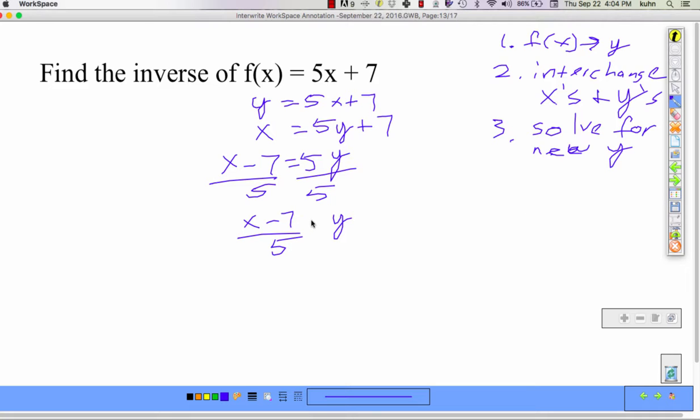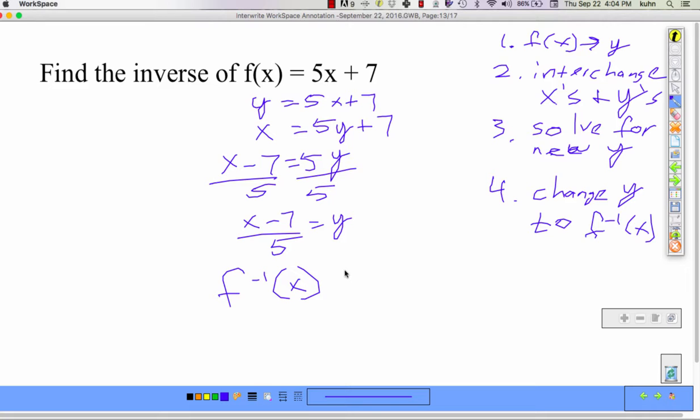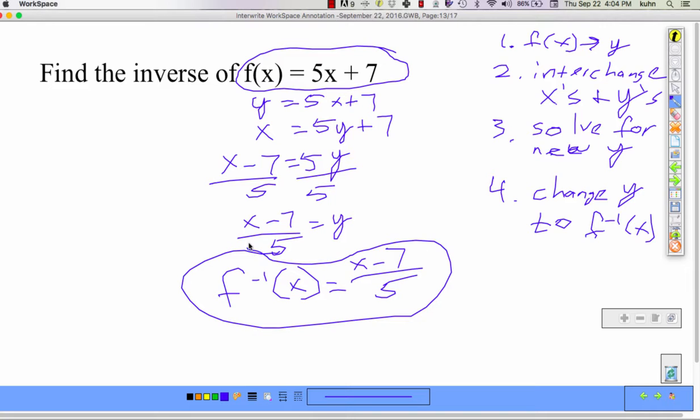And the last thing that we have is change that new y to f inverse or g inverse, whatever your function was. And I always like to put it back on the left because we live in America and we read from left to right. X minus 7 over 5. So my original function of 5x plus 7 has an inverse of x minus 7 over 5.